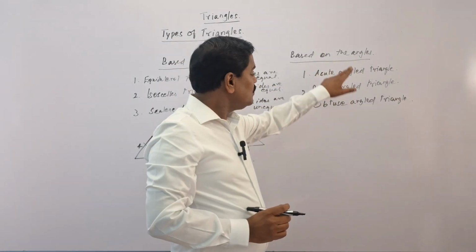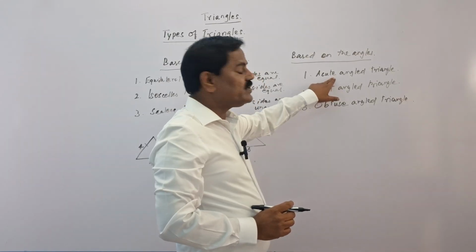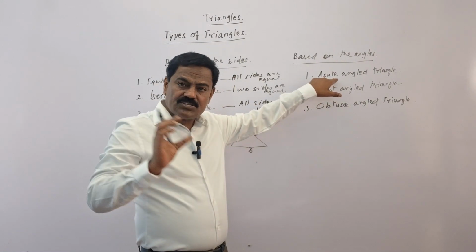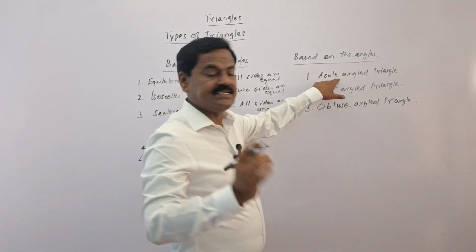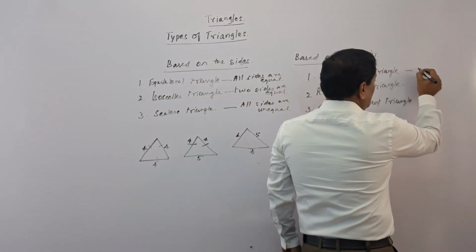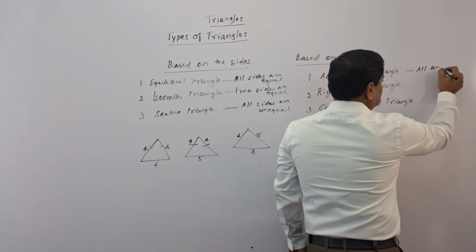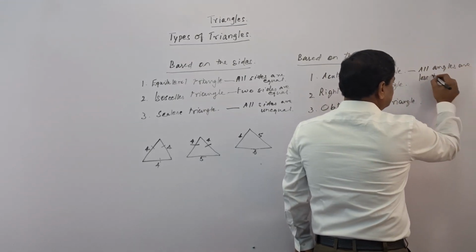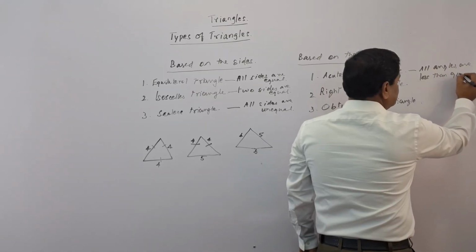So for an acute angled triangle, all angles are less than 90 degree.